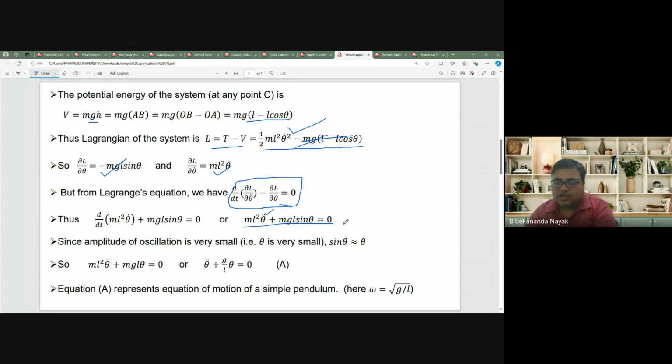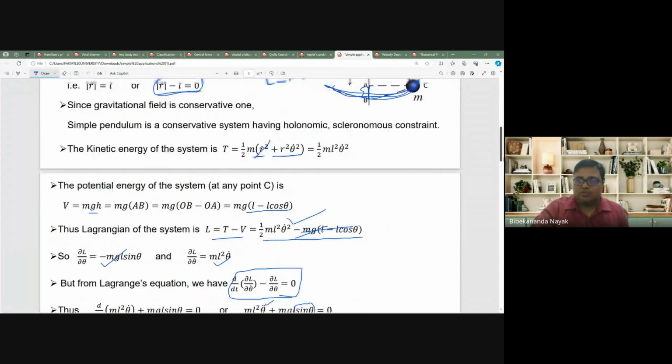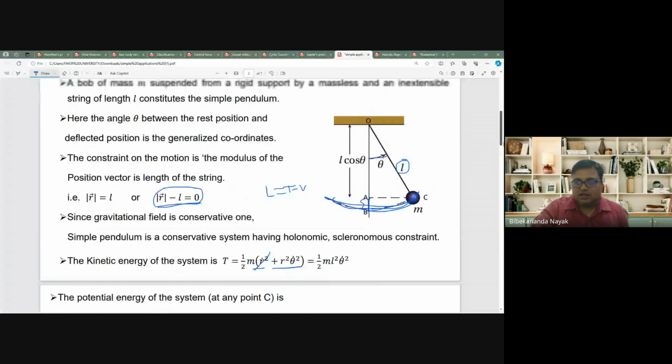For a simple pendulum, the angle theta is very small, so in place of sin theta, you can put theta, since for small theta, sin theta approaches theta. So this equation becomes m L square theta double dot plus mgL theta is equal to 0. Dividing by mL, we find theta double dot plus g by L theta is equal to 0. This is the required equation of motion for a simple pendulum. Okay, clear?